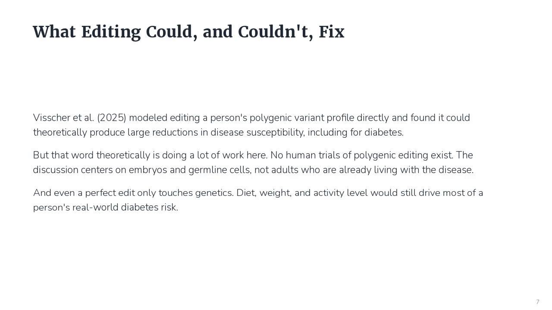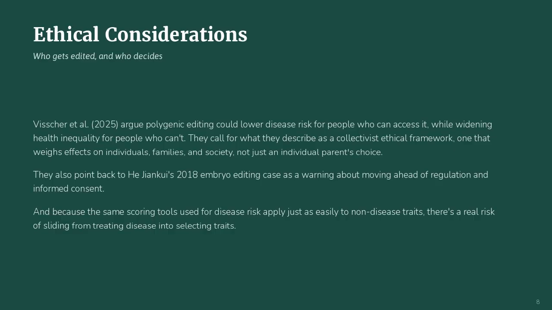This has only been modeled, not tested in people, and it's mostly being discussed for embryos and not in adults who already live with diabetes. Even a perfect edit only touches just the genetic piece. It doesn't change the diet, the weight, or the activity level, which still drive most of who actually develops type 2 diabetes.